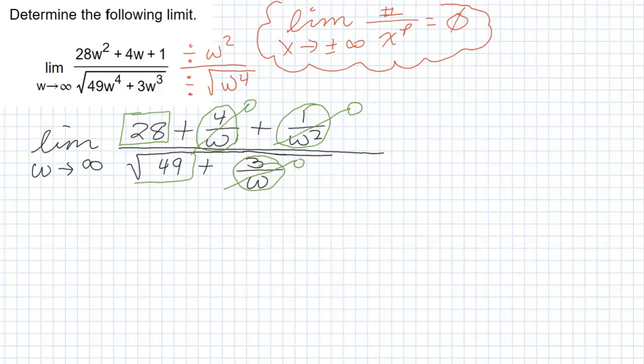So I have 28 over square root of 49. And 28 over square root of 49 is 28 over 7, which is 4. So the limit of that big, huge thing is 4.